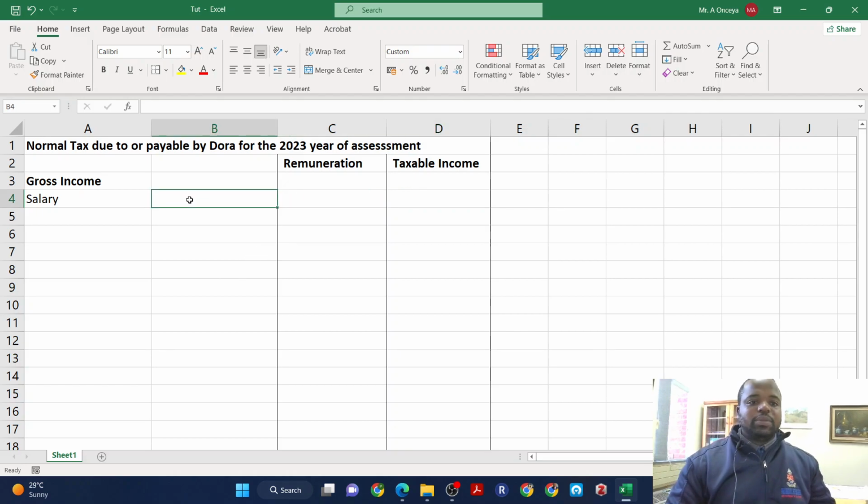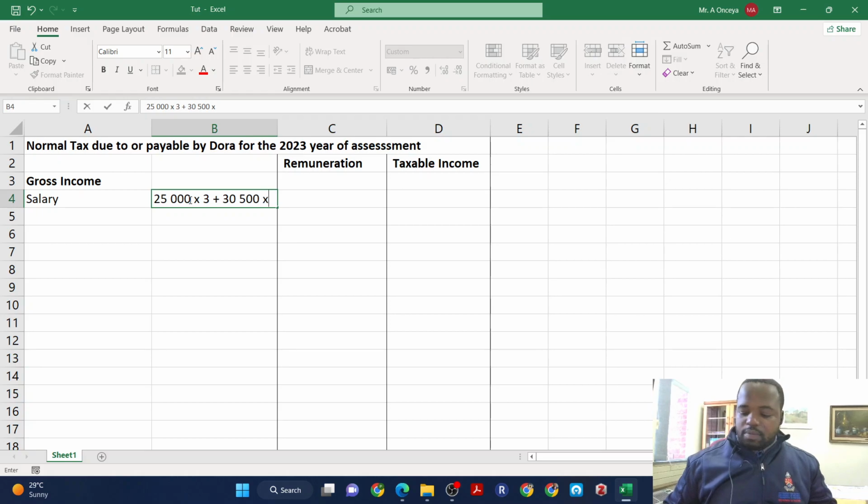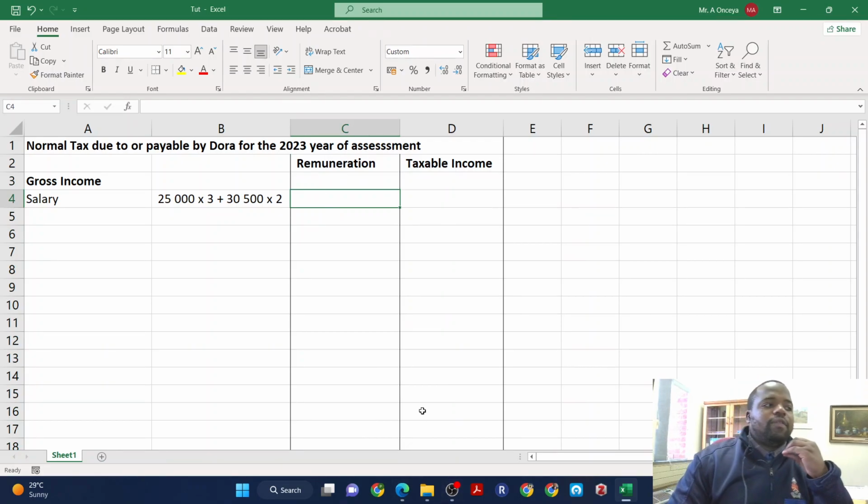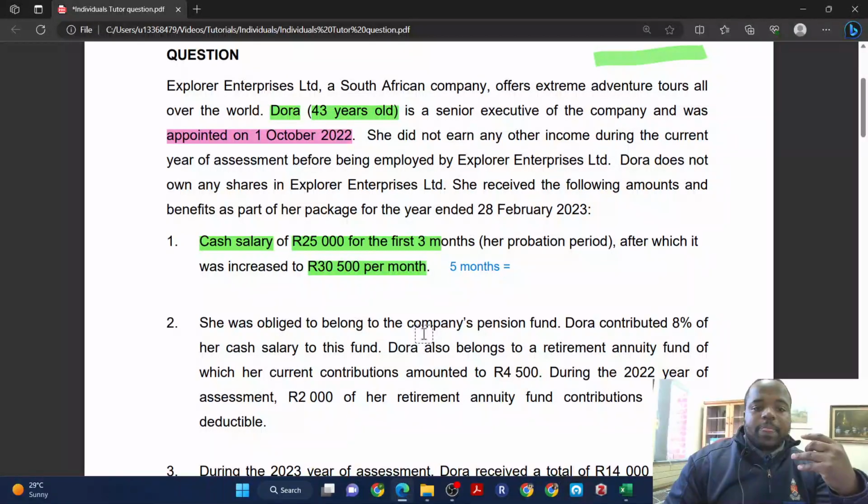In terms of our calculation, it's 25,000 multiplied by 3 plus 30,500 rands multiplied by 2. She worked a total of 5 months: 3 of those were 25,000 rands, and the other 2 were 30,500 rands per month.